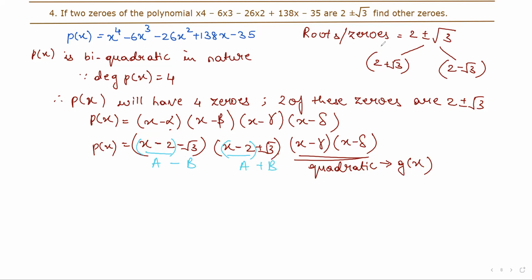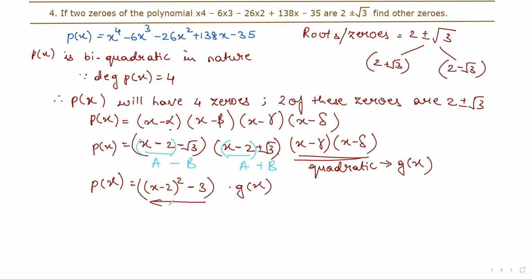So the answer can be written as a square minus b square. That's why p of x is equal to a square, a square means x minus 2 whole square, minus b square is root 3 whole square, which is equal to 3, into g of x.